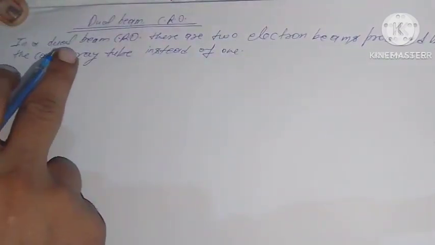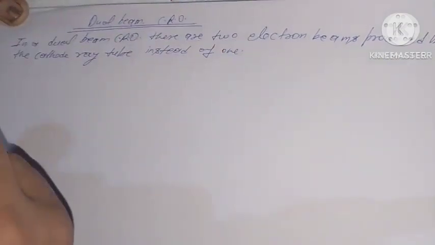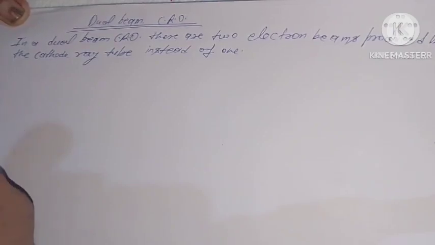Okay. In a dual beam C.R.O., there are two electron beams produced by the cathode ray tube instead of one.